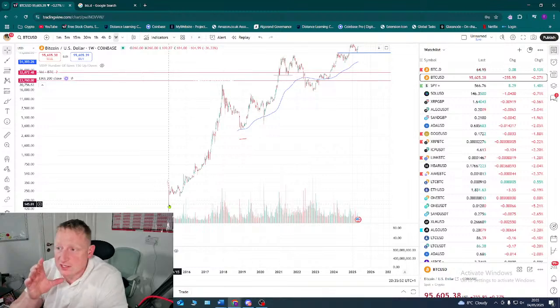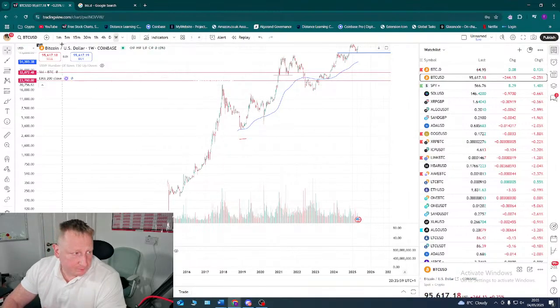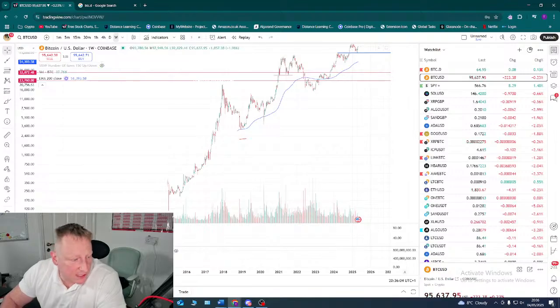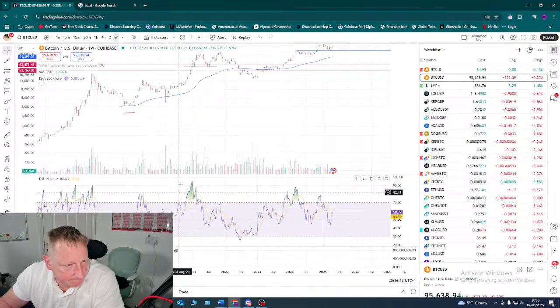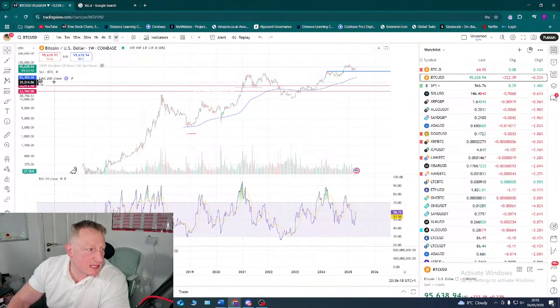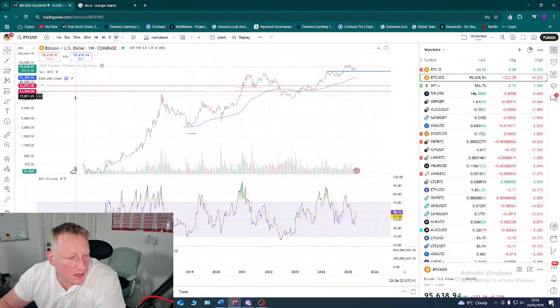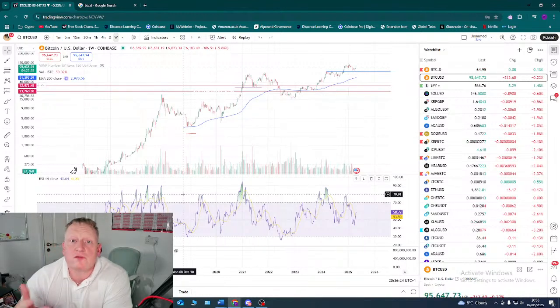Alright, so that's the first, second, maybe third point that I've mentioned. Now you kind of get what's going on there. We can start introducing another indicator called the RSI. The RSI stands for Relative Strength Index, and that gives you an indication of whether something's overbought or oversold.